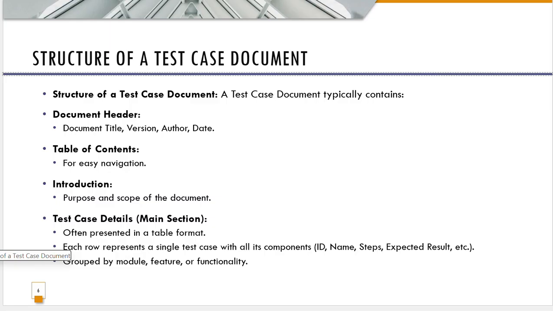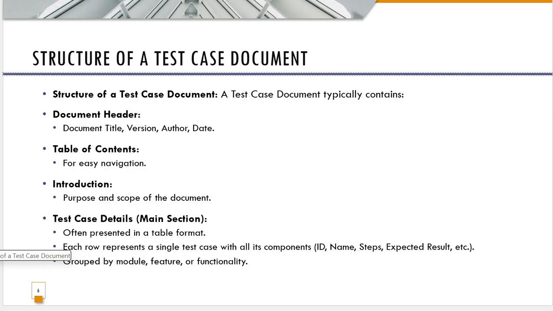And guys, I'll also give you one important thing. The test case documents are prepared from the FSD, the functional specification document, and the business requirement document. Whenever you prepare the functional or business test case document, you should refer to the functional specification document. It's most important, guys.